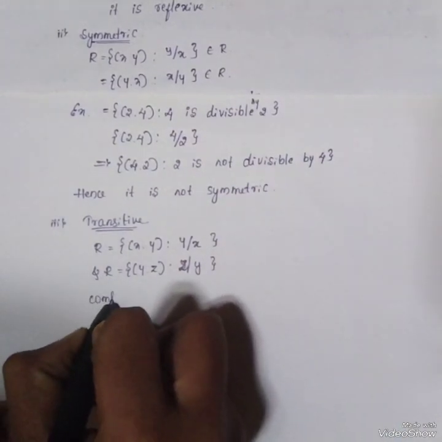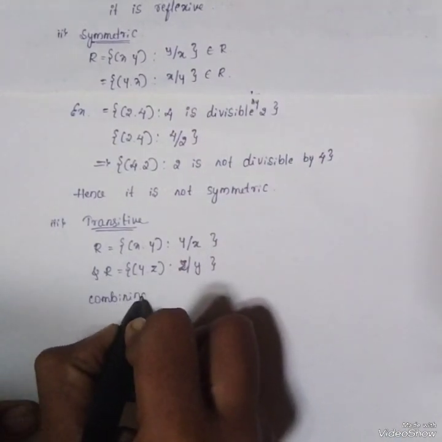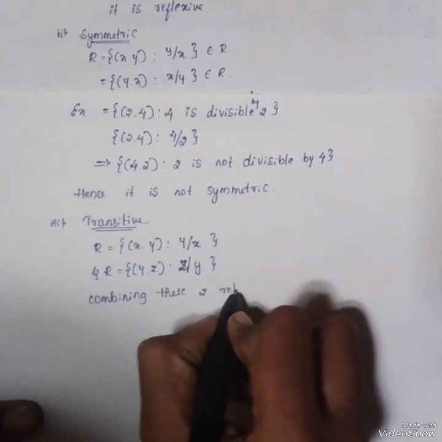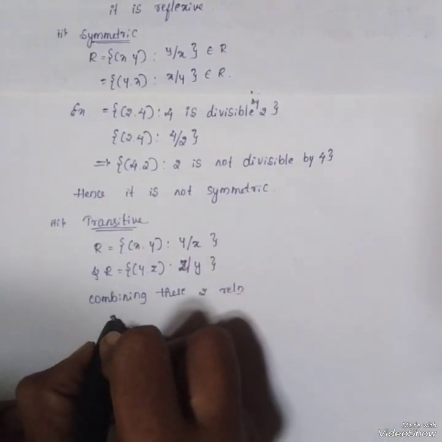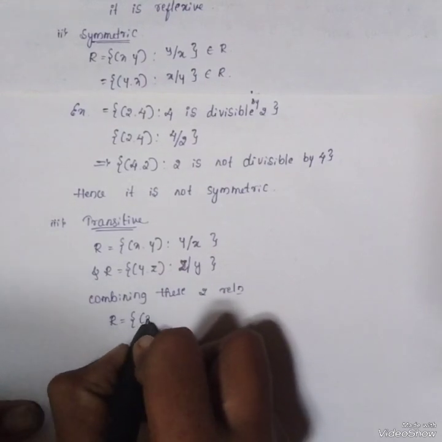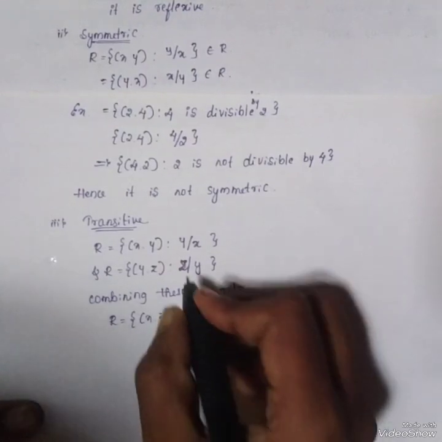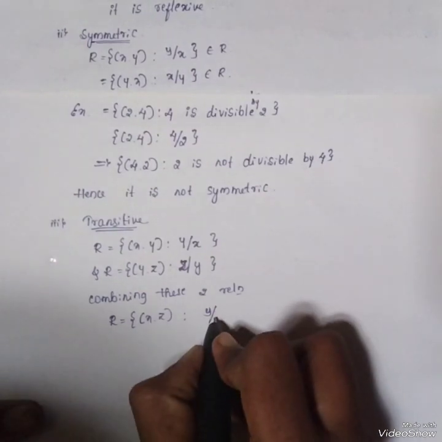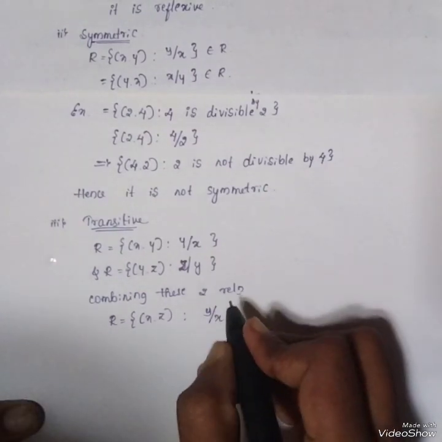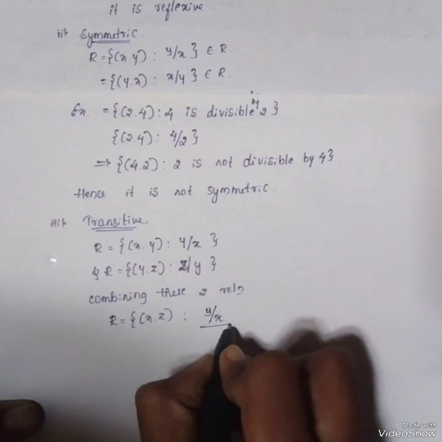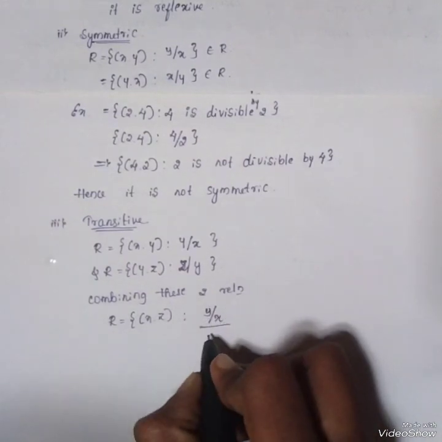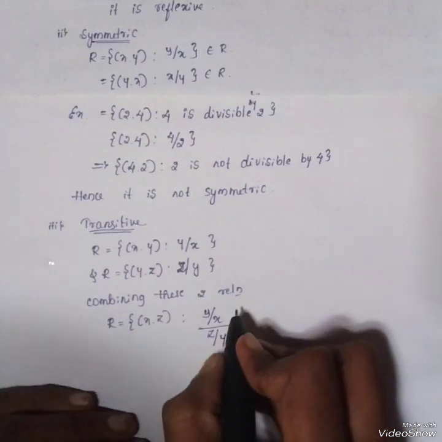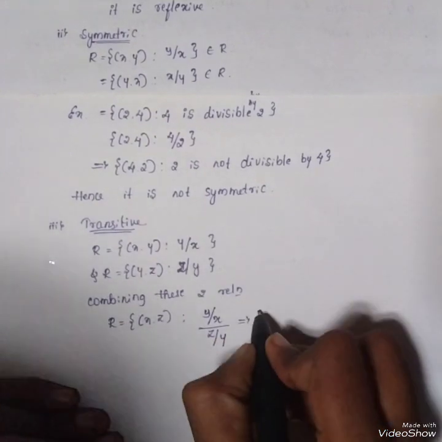Combining these two relations, we get R equals x comma z, such that y divided by x and z divided by y.